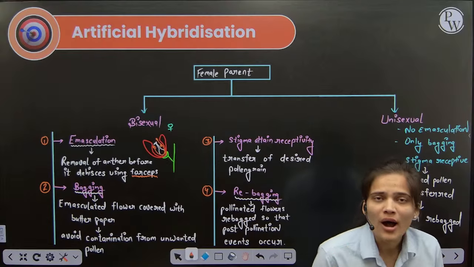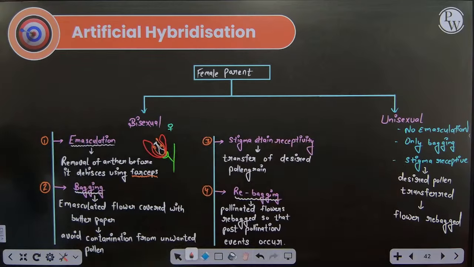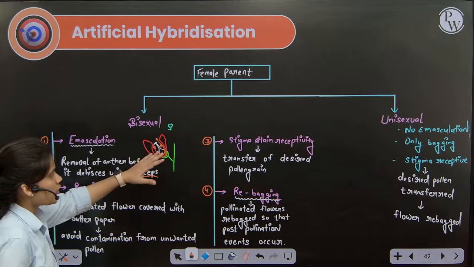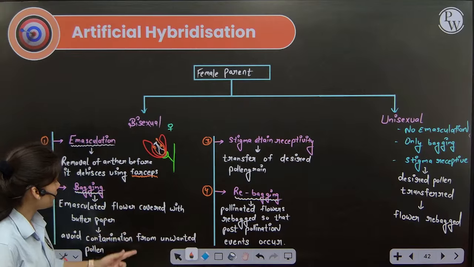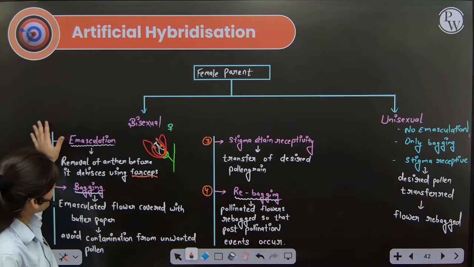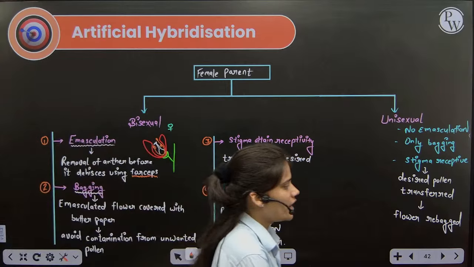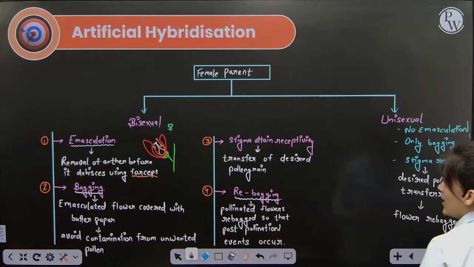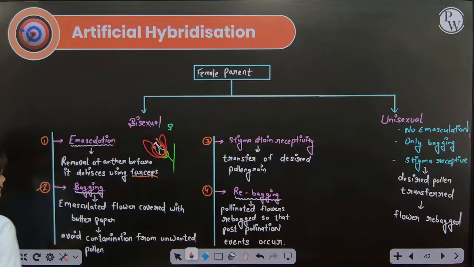What about xenogamy, or cross pollination? There are chances that some other pollen grain can also land on the stigma. How can that be prevented? The second step is bagging.